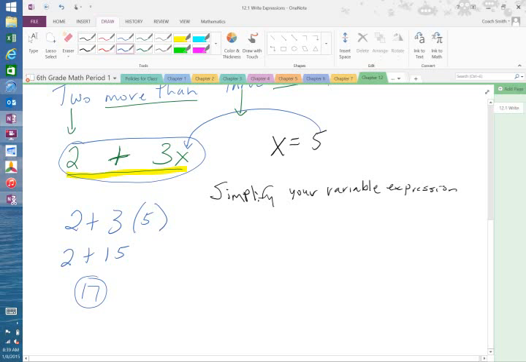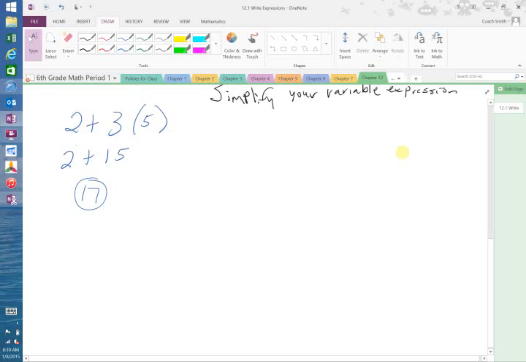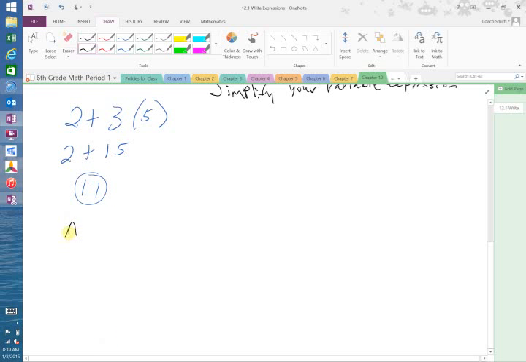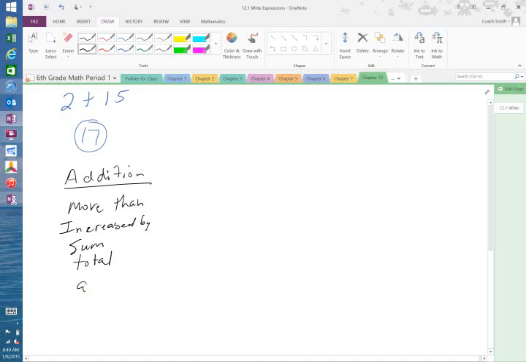Now let's talk about some key words here. When we talk about addition, we're talking about, for example, the words more than, increased by, sum, total, added to.